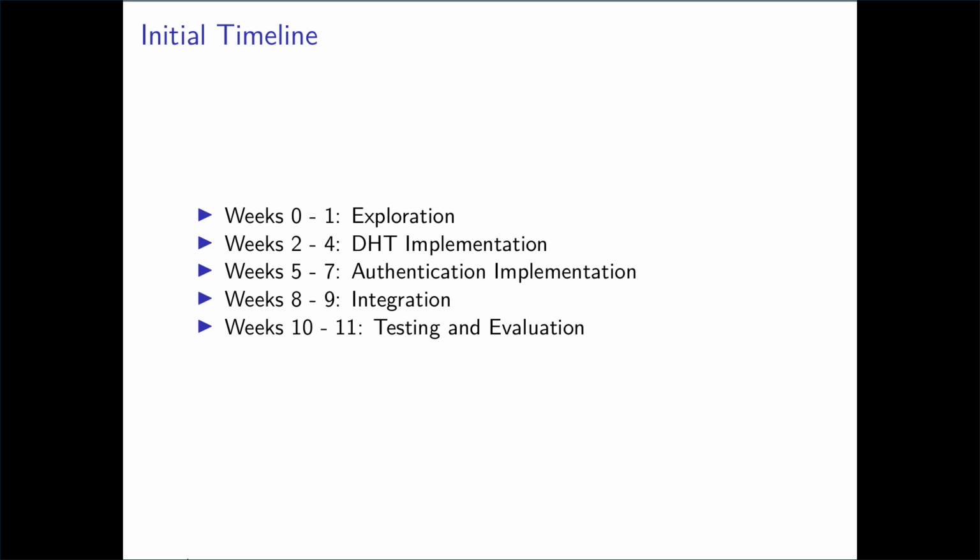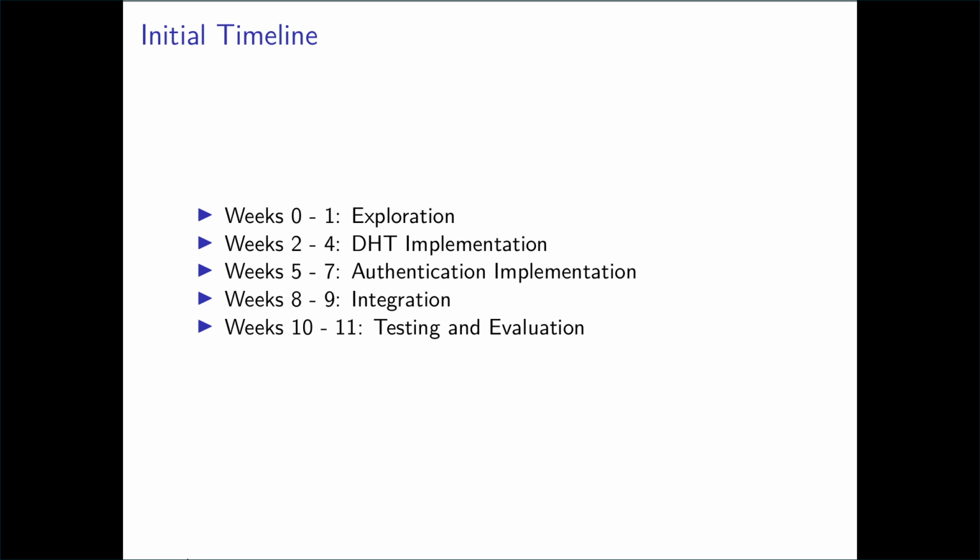So the initial timeline for this project was to spend weeks 0 and 1 on exploration, looking at libraries, figuring out exactly what we need, looking at authentication protocols. Weeks 2 to 4 on our distributed hash table implementation.